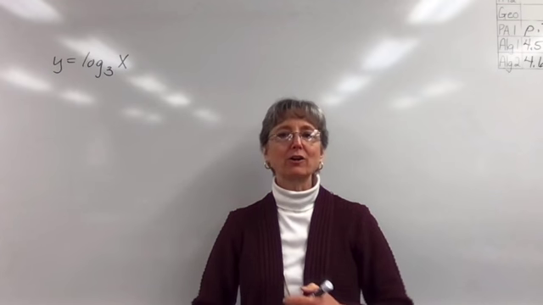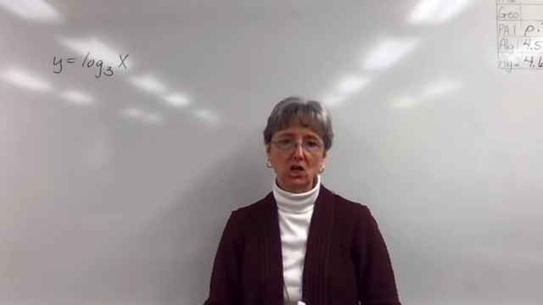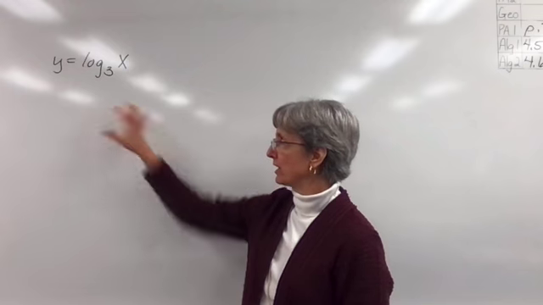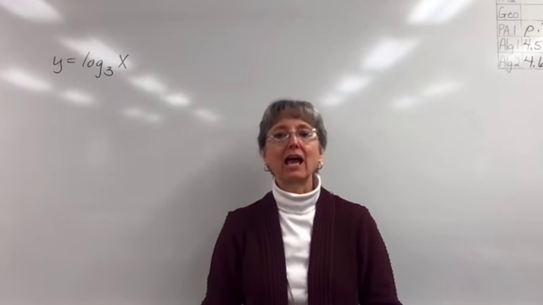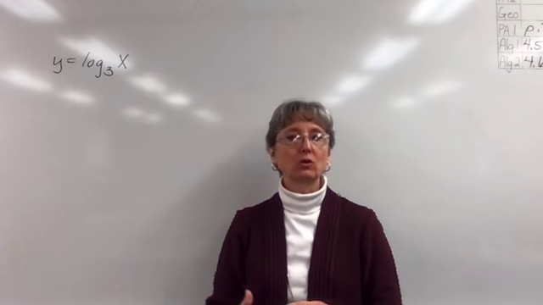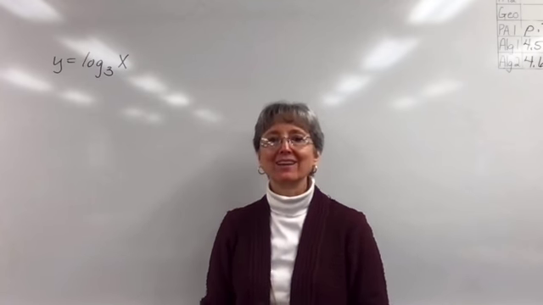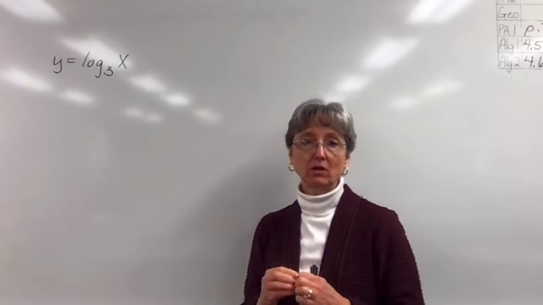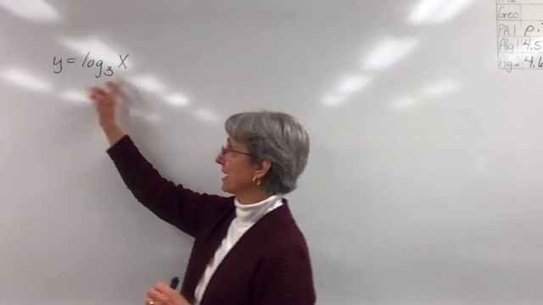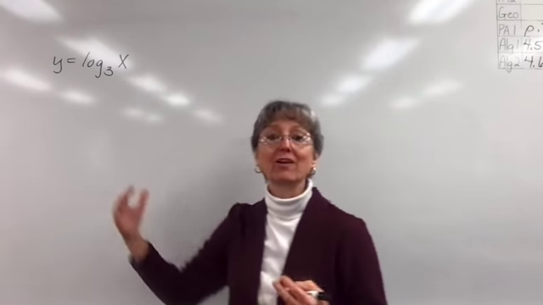Okay, so let's walk through how to graph a log function. Here's one. y is log base 3 of x. How would we go about graphing this? Now, the way to do it is just to remember what the parts of a logarithm are. In this case, the answer is always what our exponent is.